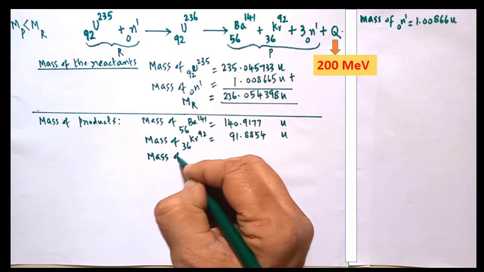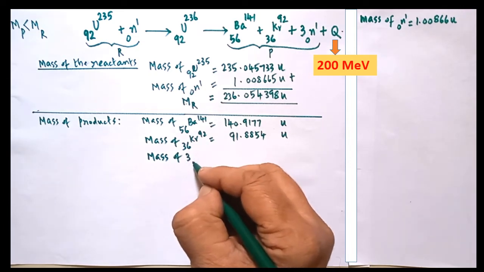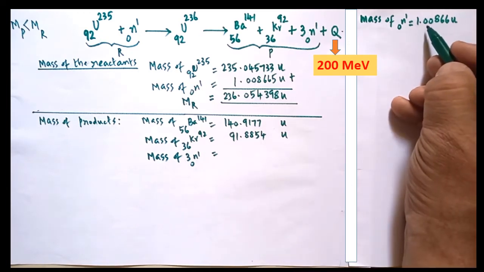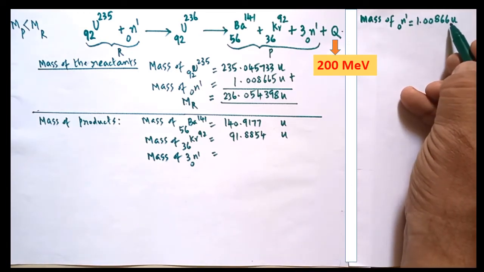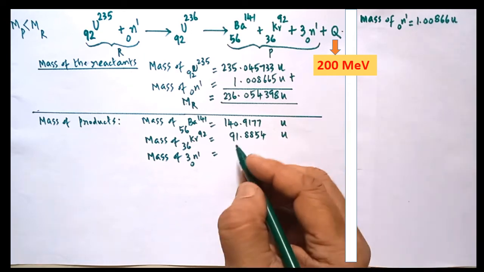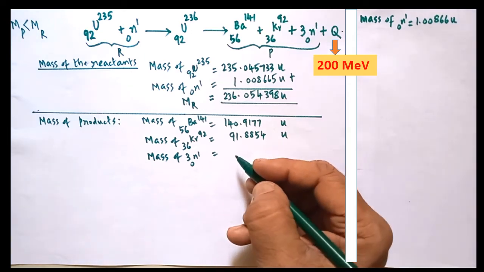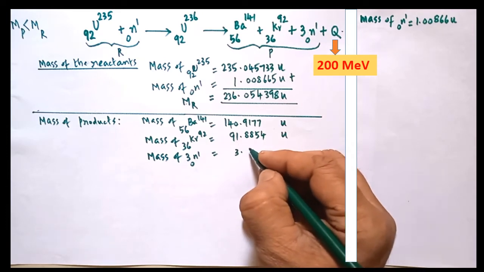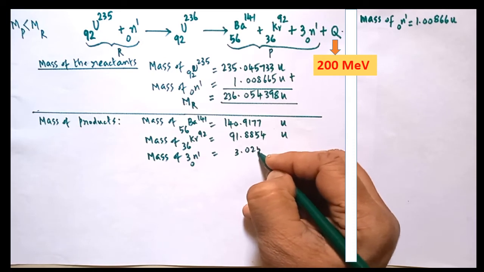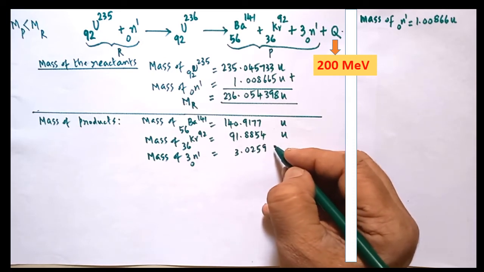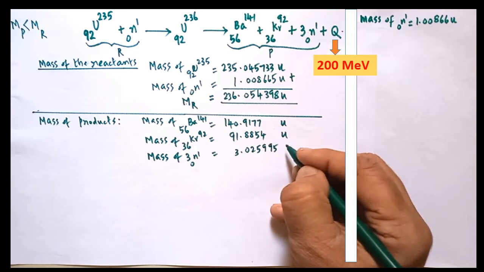And then the mass of 3 neutrons to be calculated. Here the mass of 1 neutron is mentioned, 1.00866. This must be multiplied with 3. After multiplication, straight away I will write the value, 3.0259995 u.